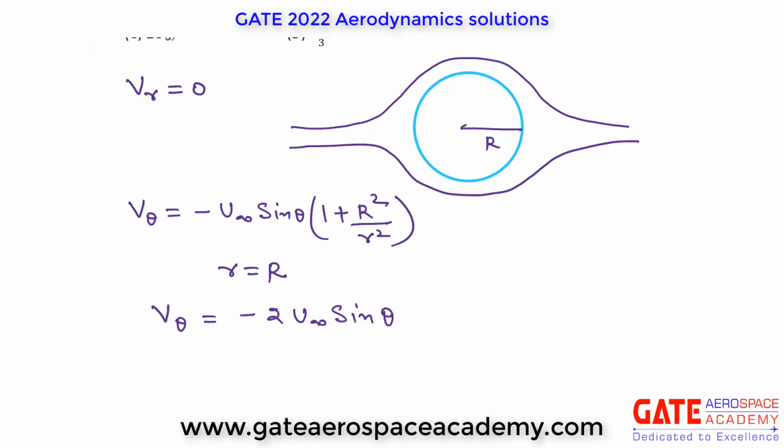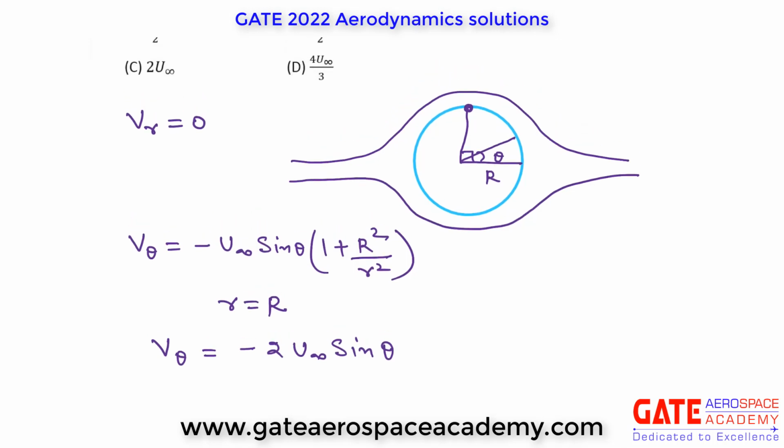So this is the angle theta. At pi by 2, on the top of the cylinder, sine theta will be 1. So at that position, V theta will be equal to, from this formula, minus 2 u infinity, the minus sign is just for direction.